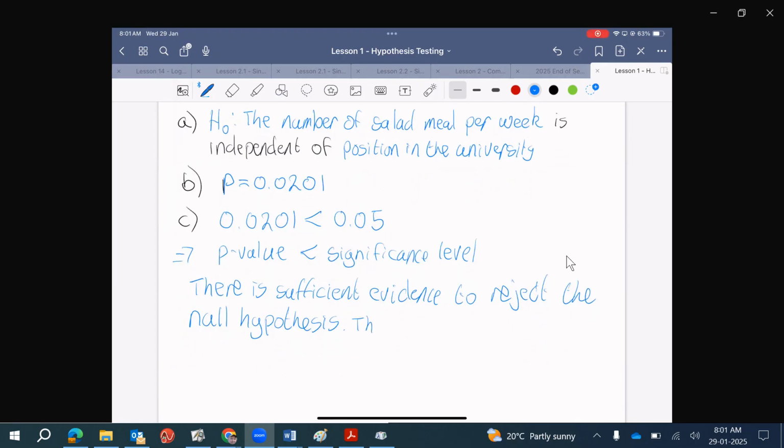The number of salads per week is probably not independent of position in the university.